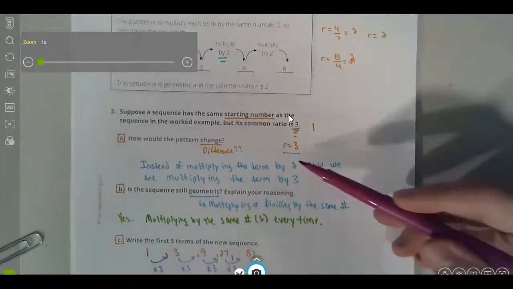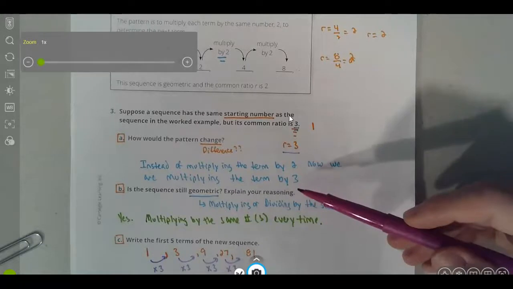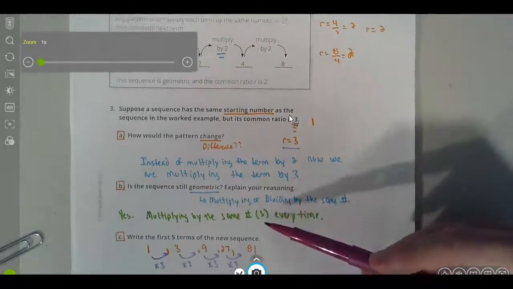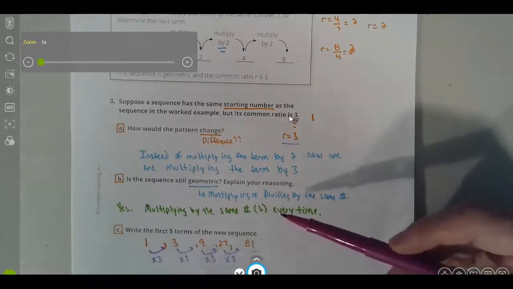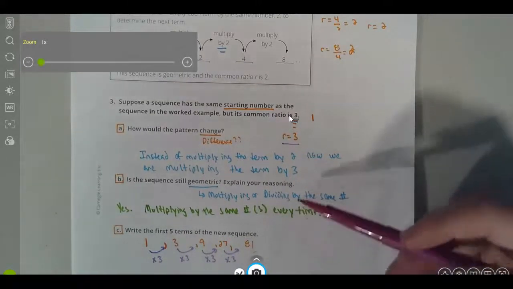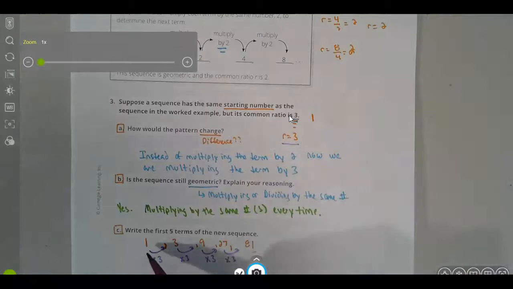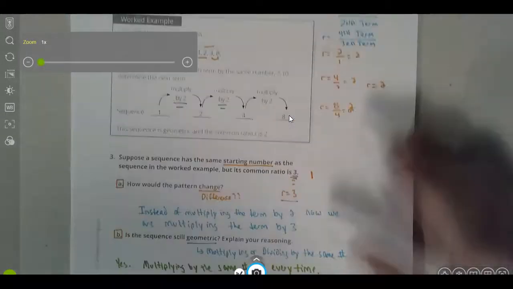In this example, we're multiplying by 3 every time. So is it still a geometric sequence? Yeah, it's still a geometric sequence, because we're multiplying by the same term every time. We're multiplying by 3. So if we go 1 to 3, 3 times 3 gets me 9. 9 times 3 gets me 27. 27 times 3 gets me 81, which makes that a geometric sequence.